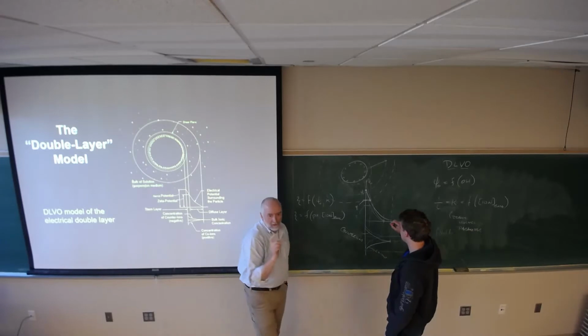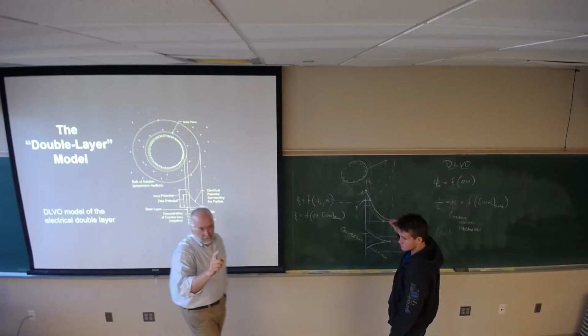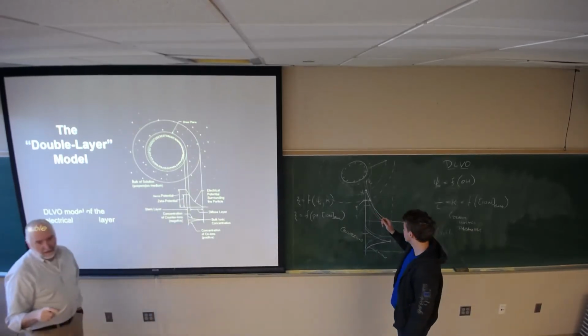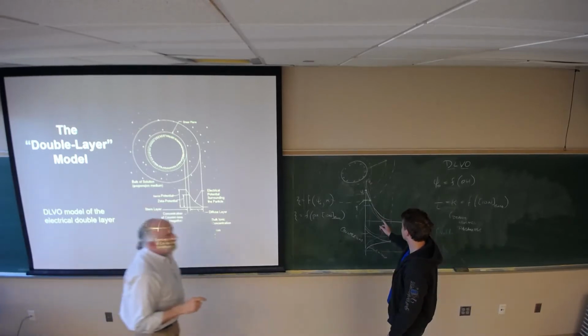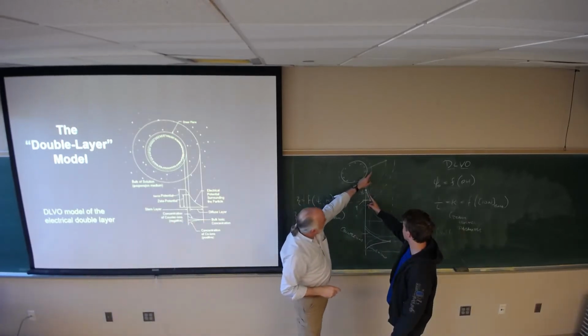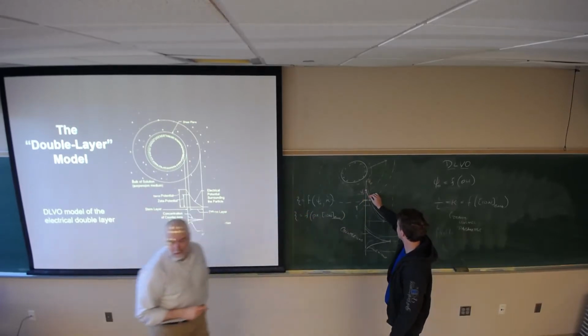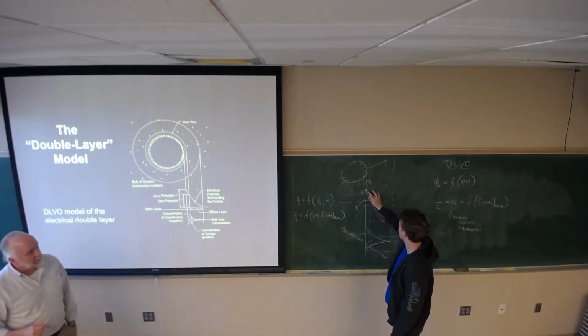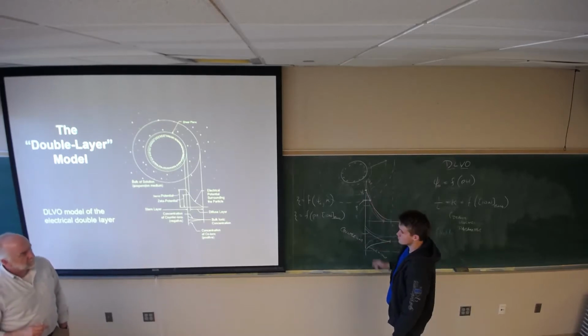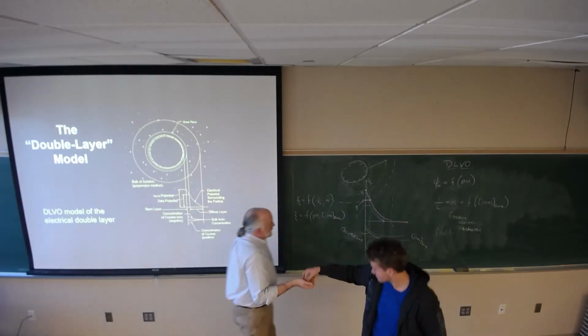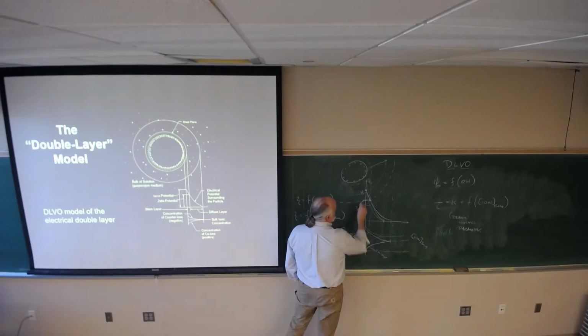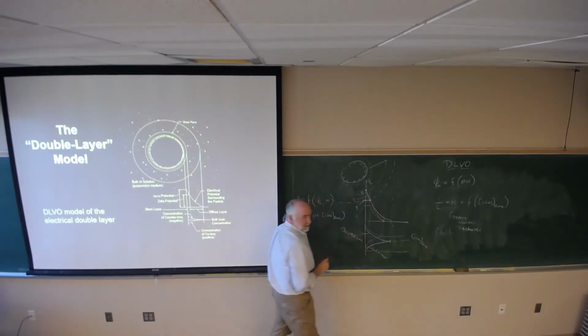So, where is it? Walk him through it. It's where the curve intersects that first curve. This is the Stern layer, right? So it's where the red curve intersects the Stern layer. You all see that? Okay, well done. So here's the zeta potential for red.